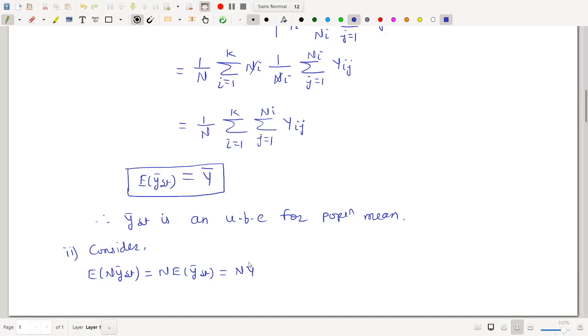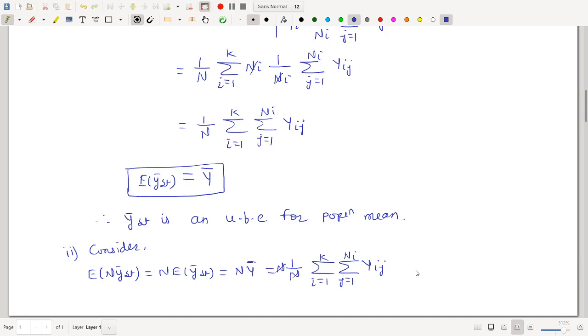Put it here, so this will be n into Y bar, and the formula for Y bar is 1 upon n double summation i running from 1 to k, j running from 1 to ni, capital Yij. This n is as it is, and we put the formula for capital Y bar here.